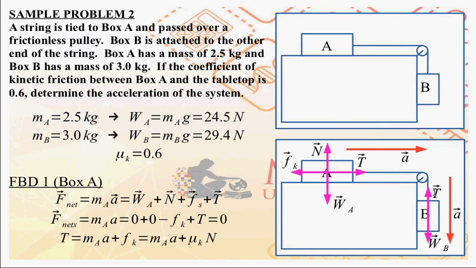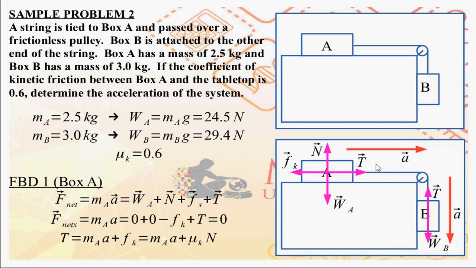The two objects are tied together, so that means they will accelerate as one. So there's only one value of the acceleration, even though there are two possible directions for the acceleration. So determine the magnitude of that acceleration. Now here we assume the direction of the acceleration, since there are only two possible directions.